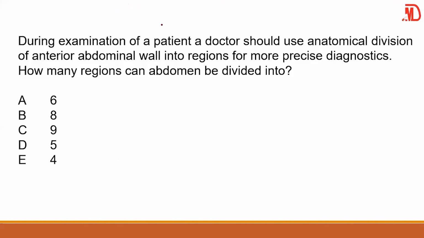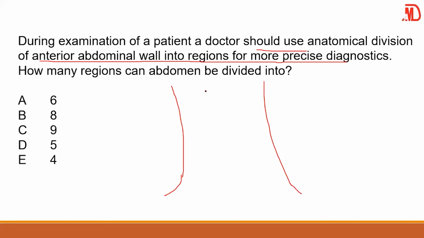Now, during examination of a patient, a doctor should use anatomical definitions of the anterior abdominal wall. Guys, anterior abdominal wall. How many regions do we have? Nine. Thank you.